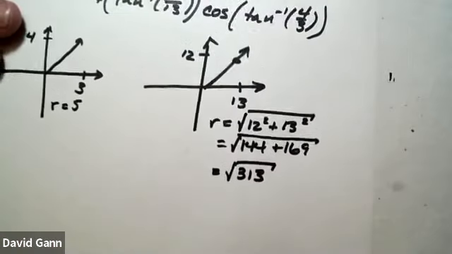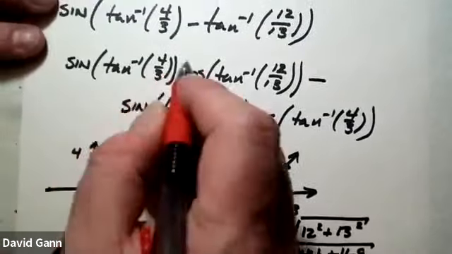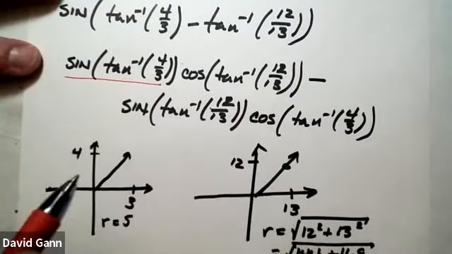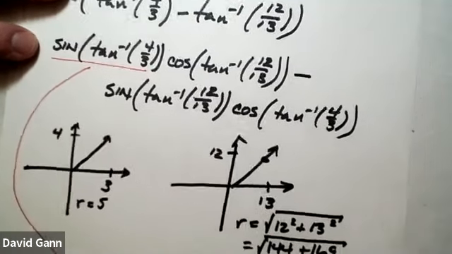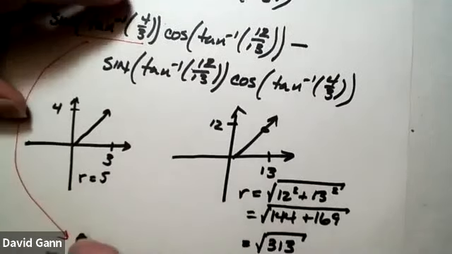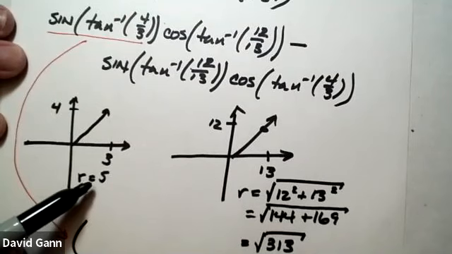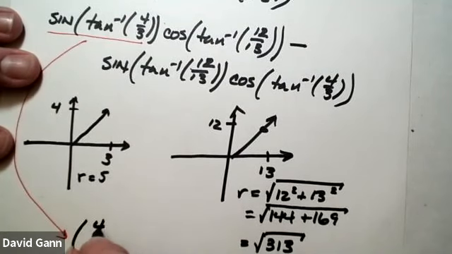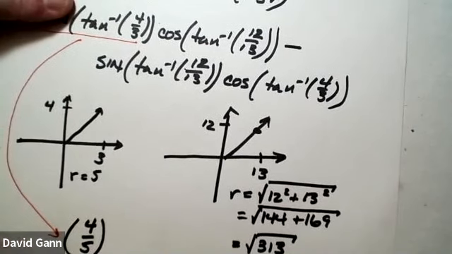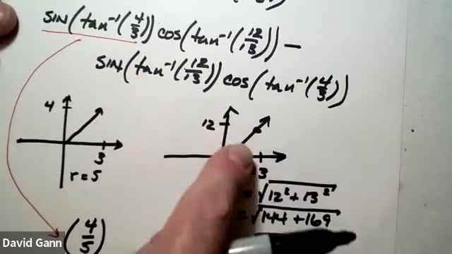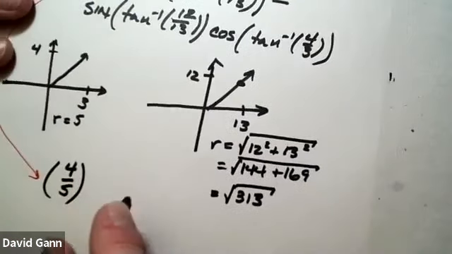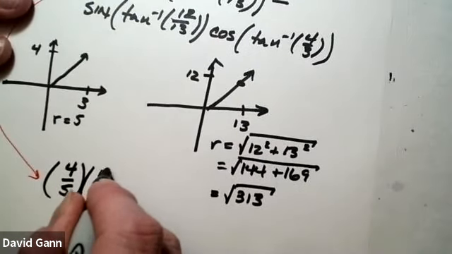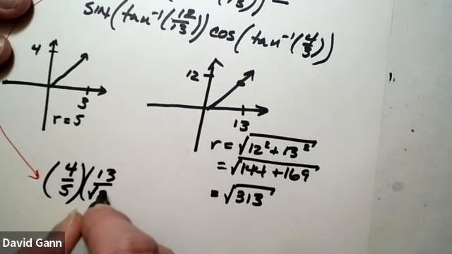So the sine of this angle is going to give us y over r, which is 4 over 5. That's the first term. The next term is going to be the cosine of this angle, which is x over r, which is simply going to be 13 over square root 313.